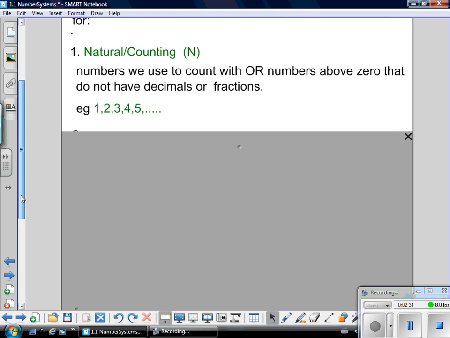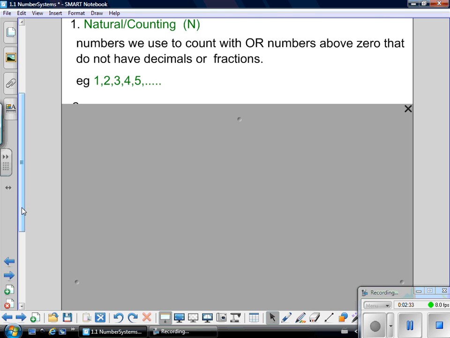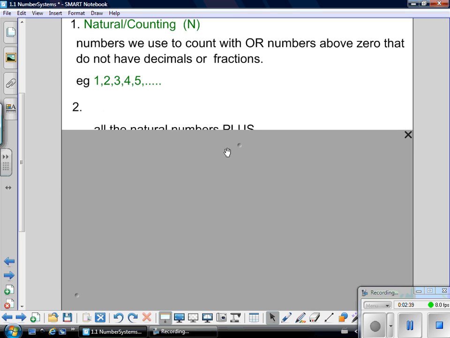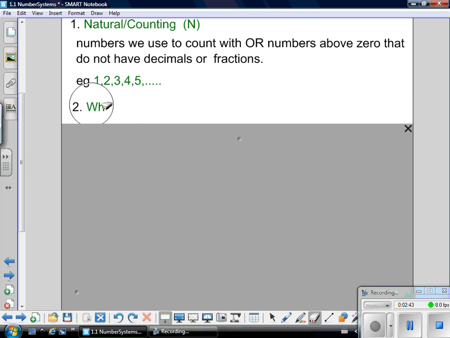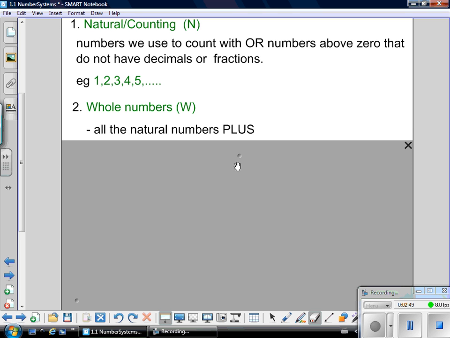The next number system that you learned, probably when you started entering school, and it was a new number, is called the whole number system, and we use the capital W for whole numbers. And these were all the natural numbers, so everything from the number 1, plus 0.